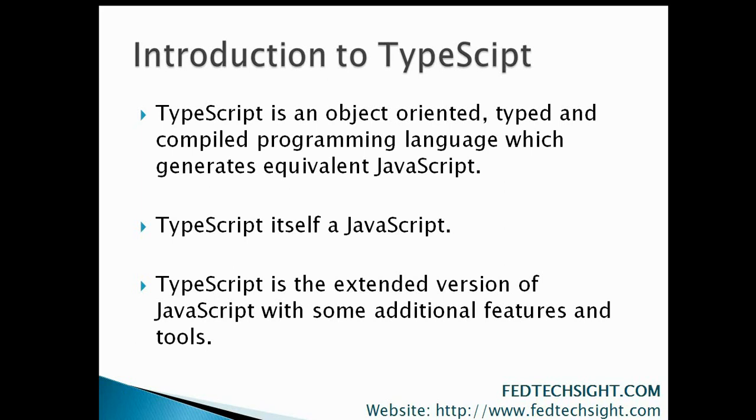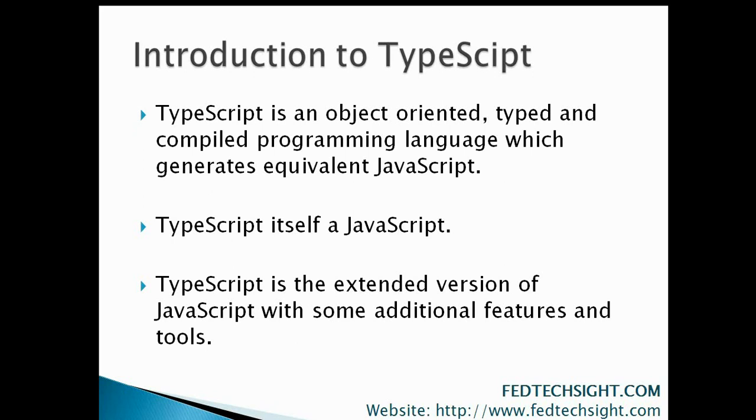Actually, TypeScript is object-oriented programming, similar to Java and C Sharp. The difference is that it compiles the program and it will generate the equivalent JavaScript file. So basically it is also JavaScript. It is similar, or we can say it's a subset of JavaScript.